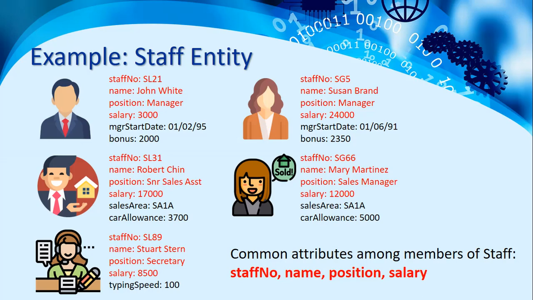For example, we have here the manager start date and bonus, which only two members have. And this member of the entity, whose name is Robert Chin, is different: he has the sales area and car allowance attributes that are not present in the other three members of the staff.